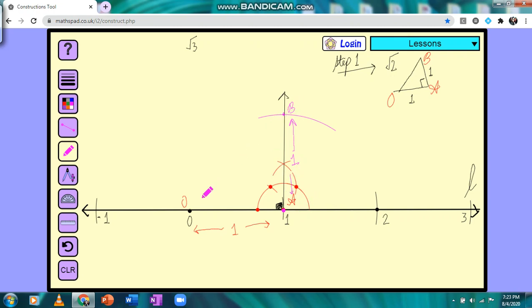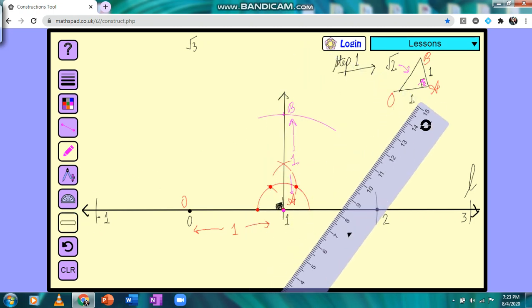And now I want to complete the triangle. I have obtained the base as 1 unit. I have constructed 90-degree angle at A. I have obtained AB also. I want to complete the triangle by joining OB, which will represent root 2.